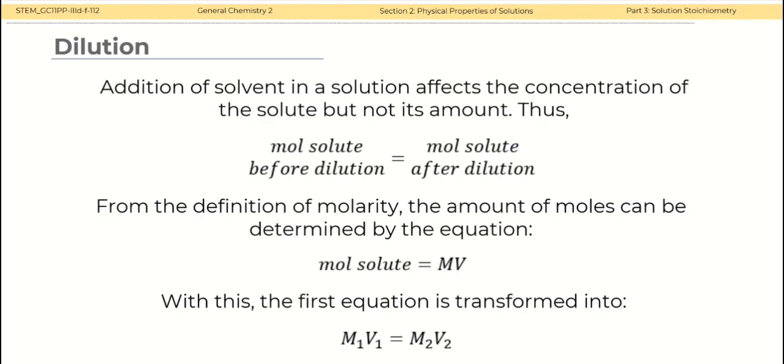From the definition of molarity, the amount of moles can be determined using the equation: amount of solute in moles equals molarity times volume of solution. With this, the first equation is transformed into M1V1 equals M2V2. The subscript 1 denotes the solution before dilution, while the subscript 2 denotes the resulting solution after dilution.